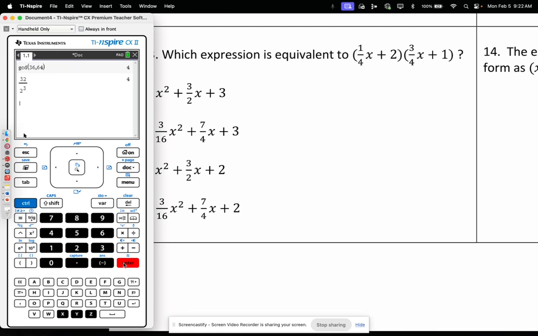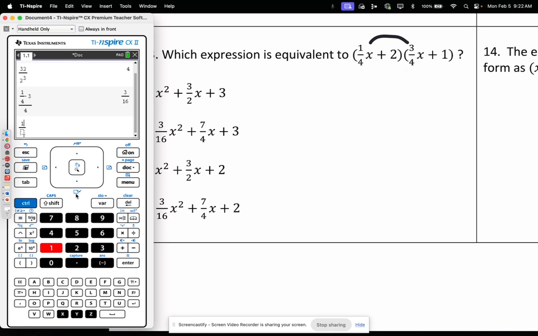All right, so I know this one has fractions, but we're not going to freak out. We have a calculator to do fractions for us. So we're going to distribute here. 1/4 times 3/4. Oh, I didn't do that right.